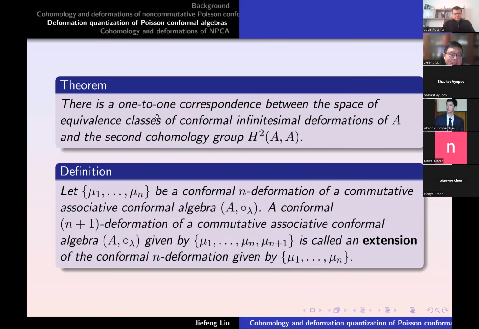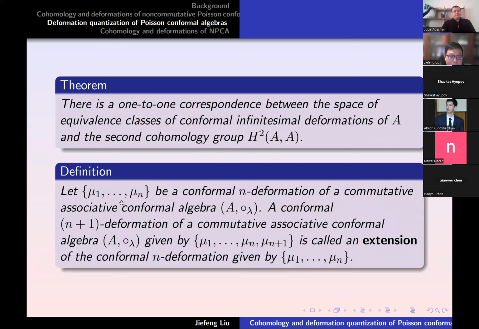Now we can obtain the following theorem. There is a one-to-one correspondence between the space of equivalence classes of conformal infinitesimal deformations of A and the second cohomology group H^2(A,A). It coincides with the classical case.